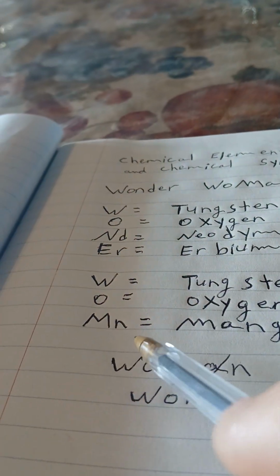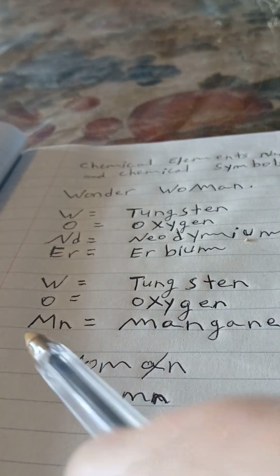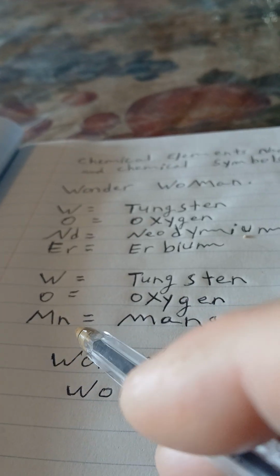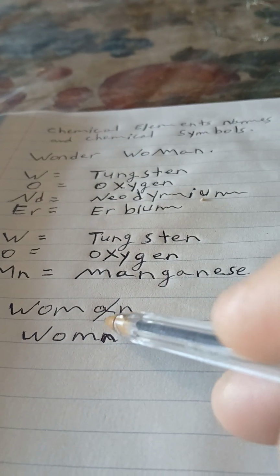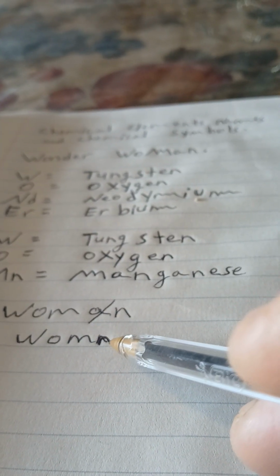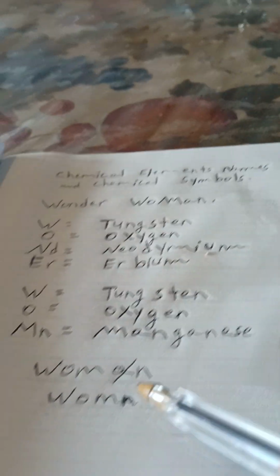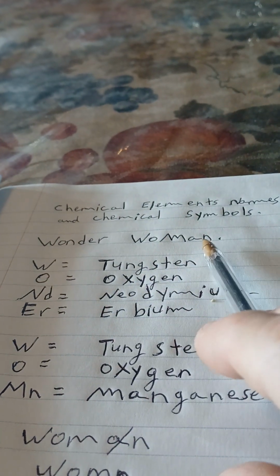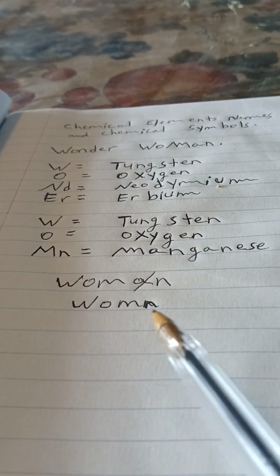So capital M and a small n. How did I get the capital M and a small n? I took out the A of woman because capital M and a small n retains the sound. So we got Wonder Woman, and here you go, you got all these elements.